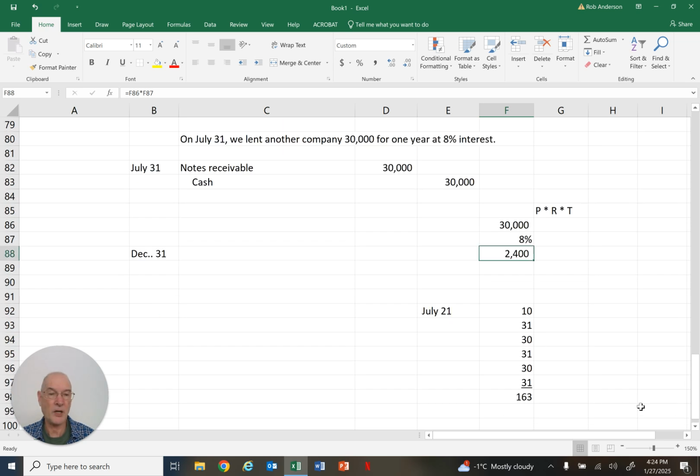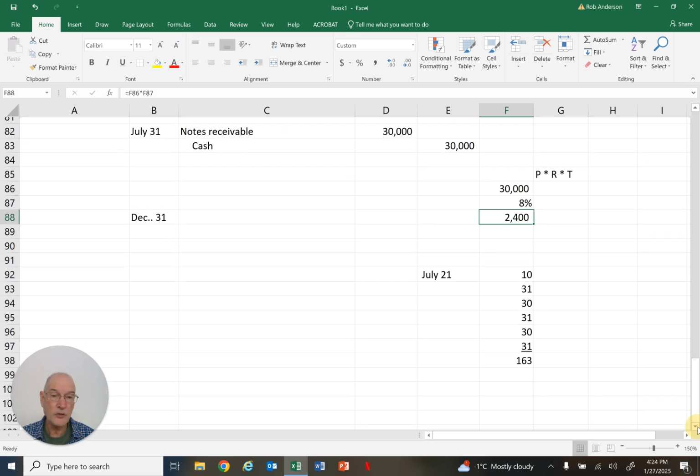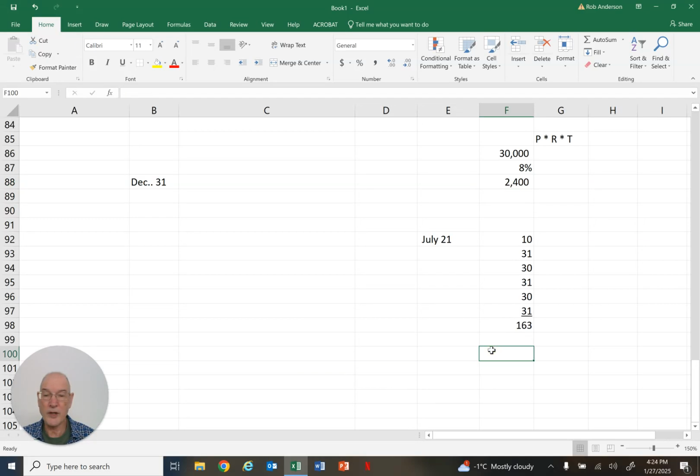I could take my $2,400 for a year, and I could multiply by 163 days out of 365. Now don't use 360. That's what people used to do in the dark ages when they didn't have a calculator or something. So 365 days in a year.